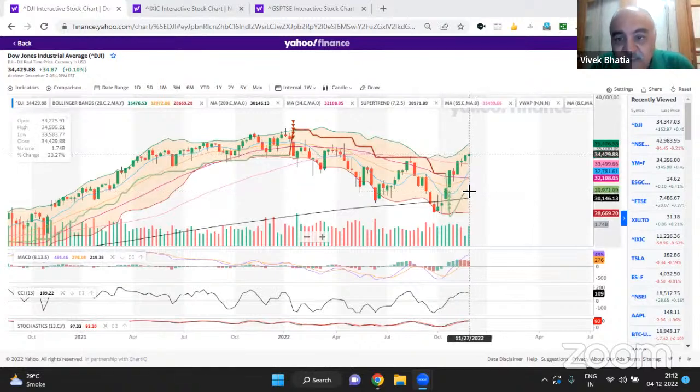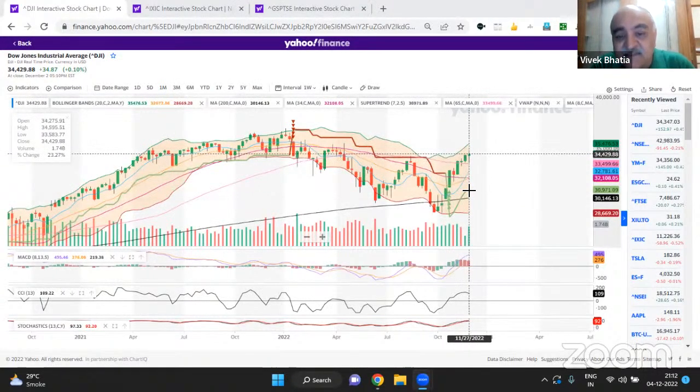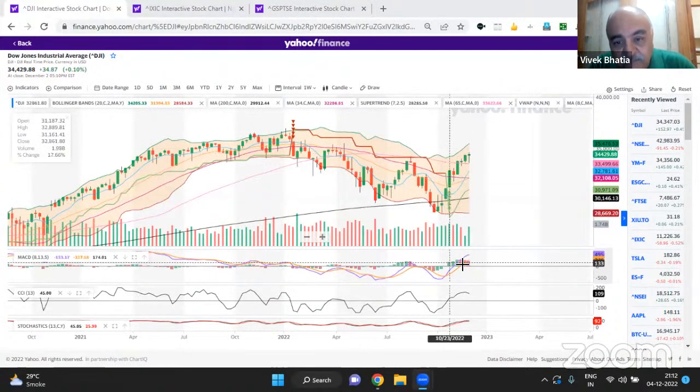So the first sign of caution has been given to you by super trend the minute it starts plateauing. The second sign of caution, MACD histograms have started turning from green to red, and the height has started falling down.